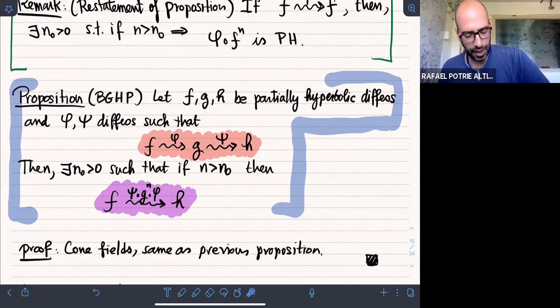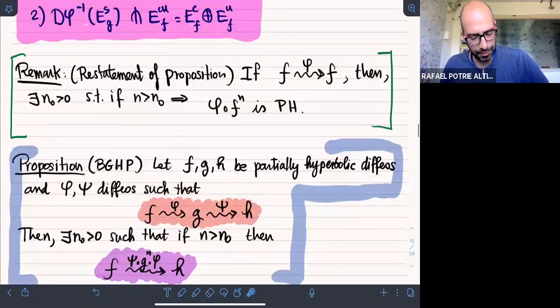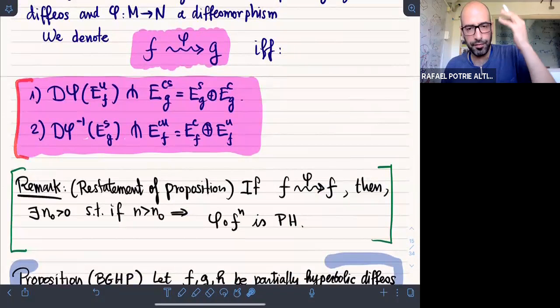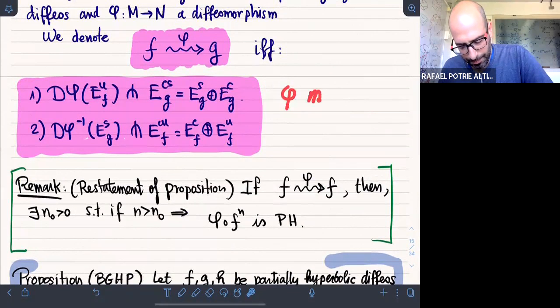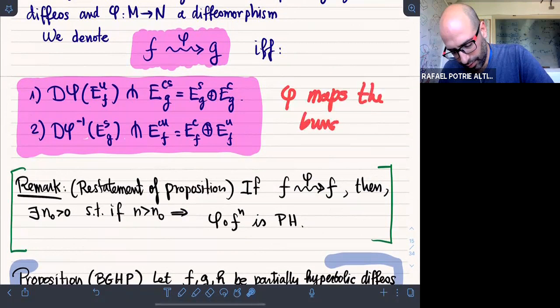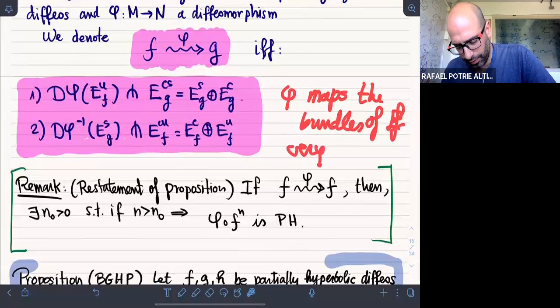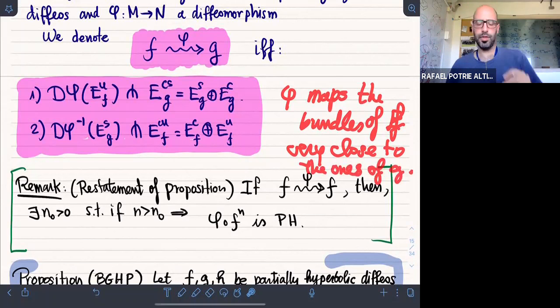So let me say it again. You have three partially hyperbolic diffeomorphisms. You have a diffeomorphism that makes the bundles of F, so you can think of this, as a mnemonic way to understand it, phi maps the bundles of E of F very close to the ones of psi.